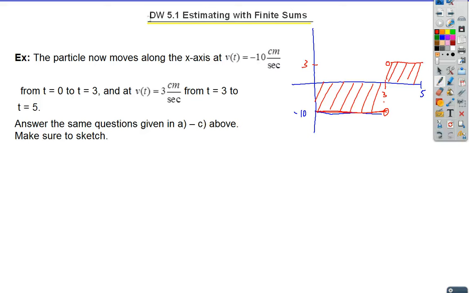The first question asks what my change in position is. How much did it move to the left?